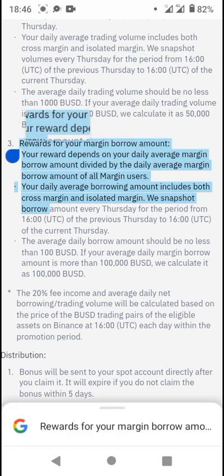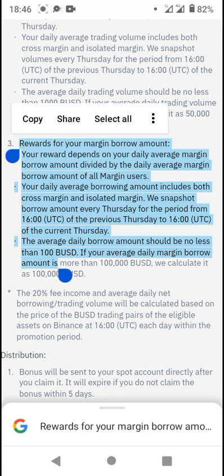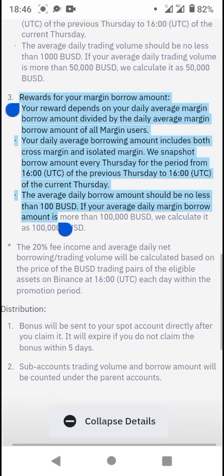And for rule 3, rewards for your margin borrowing. Your reward depends on your daily average margin borrow amount divided by the daily average margin borrow amount of all margin users. Your daily average borrowing amount includes both cross margin and isolated margin.